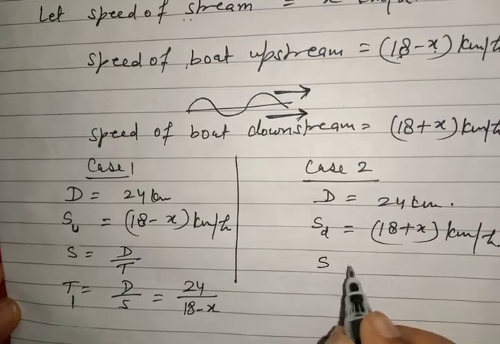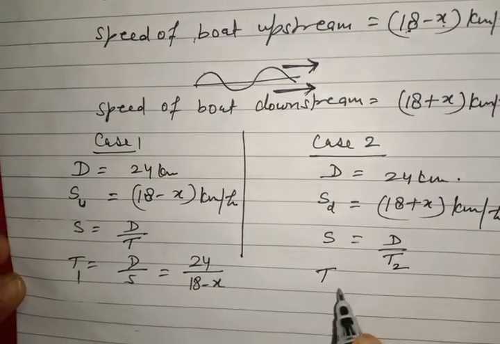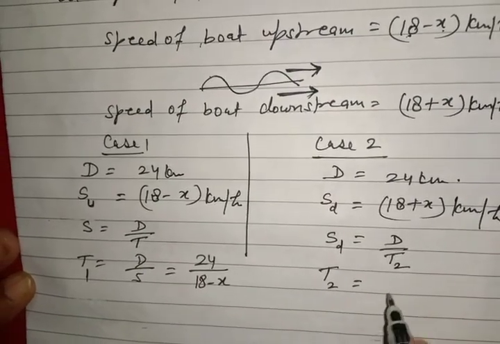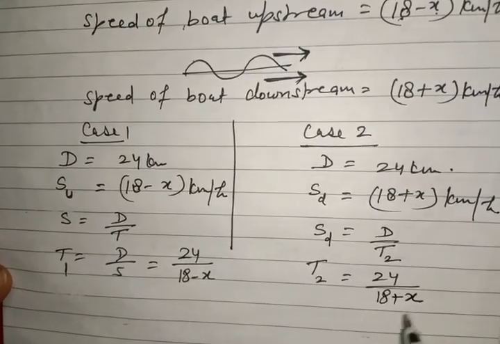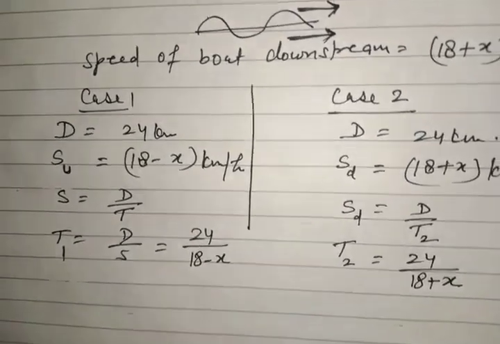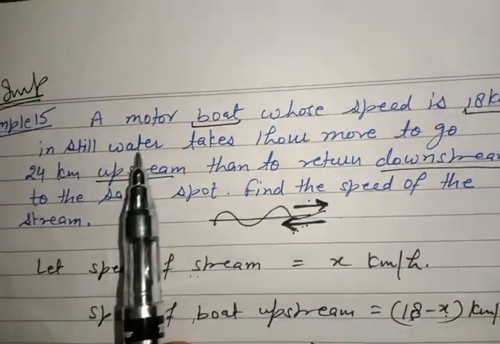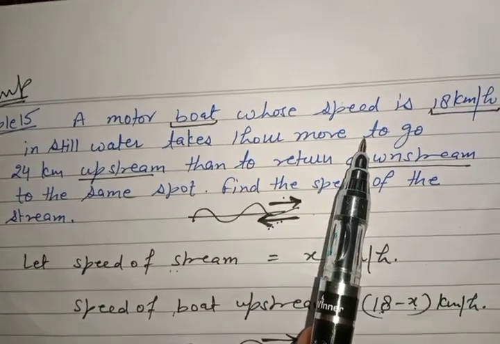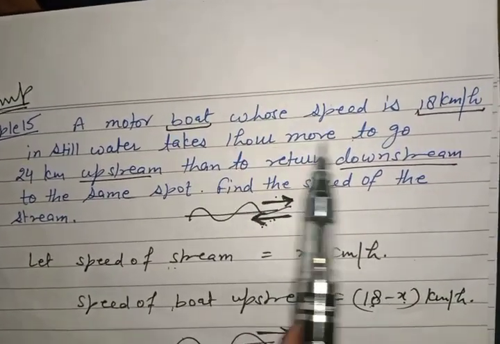So speed formula is same, distance upon time. So time will be, we can write here t2, which is equal to 24 upon 18 plus x. Now if you read what is written, in still water it takes 1 more hour to go upstream.